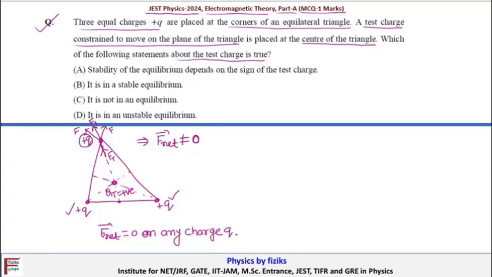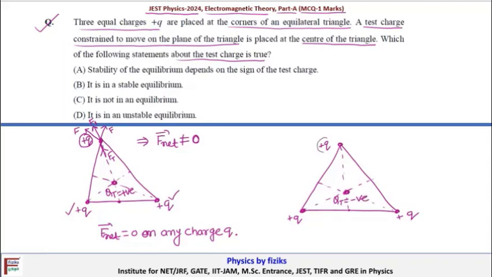But if we again consider an equilateral triangle, and let's assume this is the center of the triangle. On this charge is plus q, this is plus q, this is also plus q. Now I am assuming test charge qt to be negative.